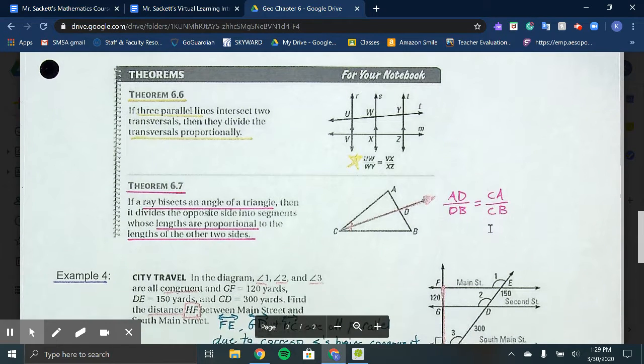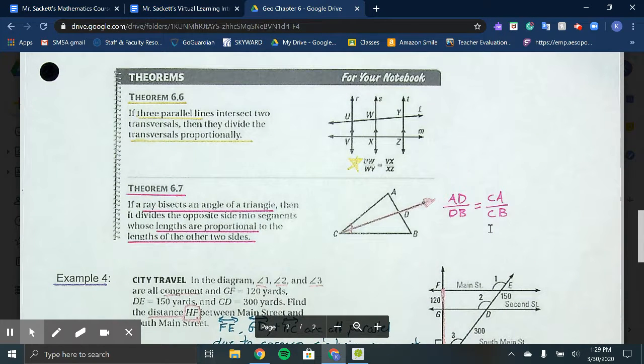Then the next two theorems we're looking at today are 6.6 and 6.7. 6.6 states if three parallel lines intersect two transversals, then they divide the transversals proportionally.